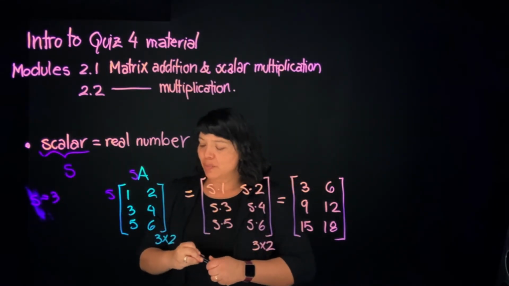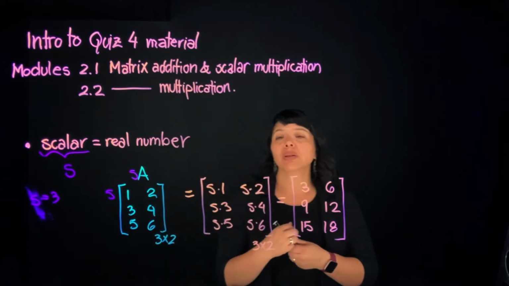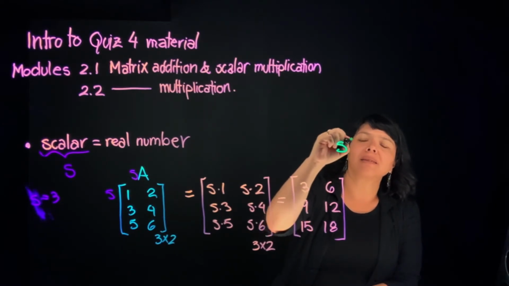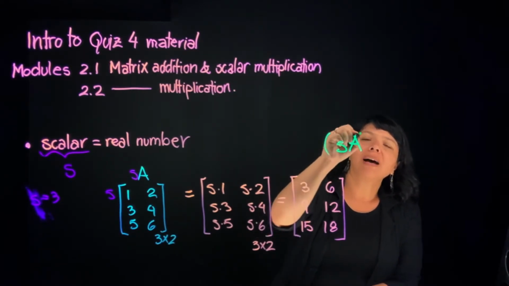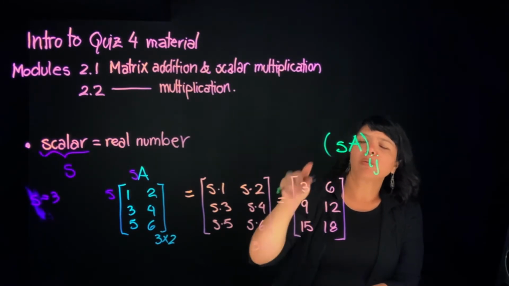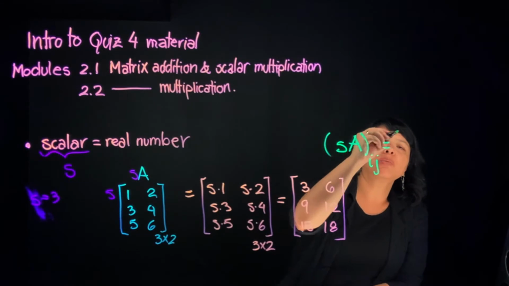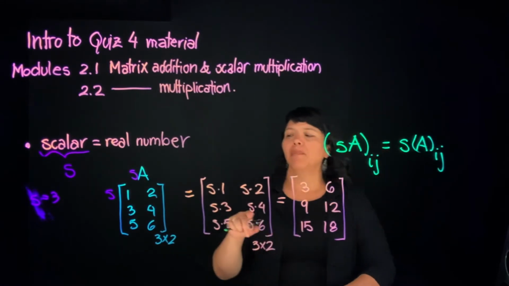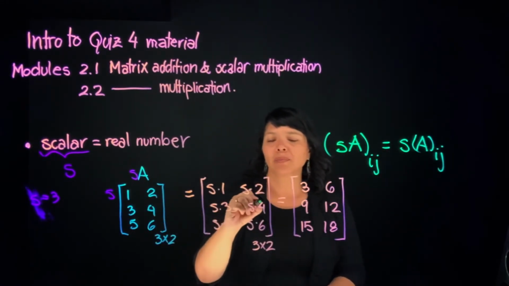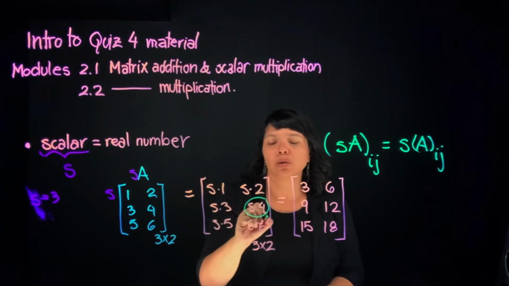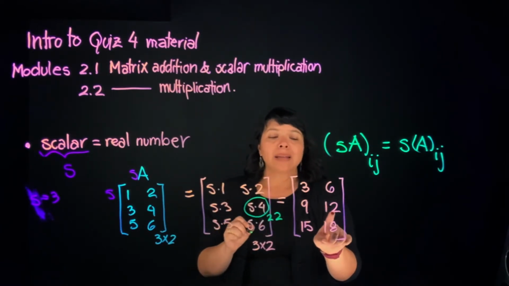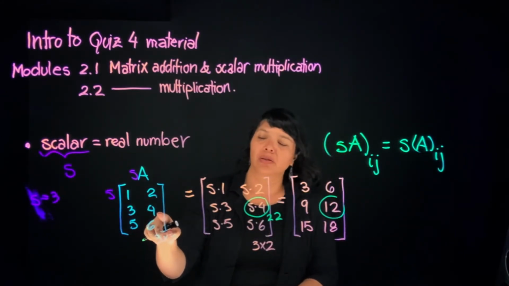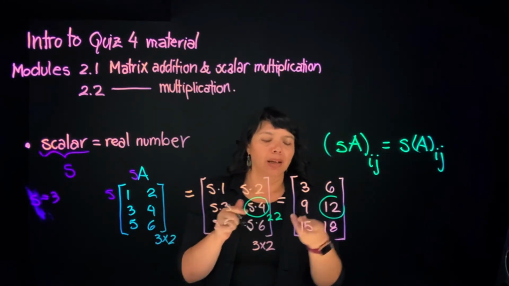The way this is represented in your textbook, just for you to get used to the notation, is that if I do the multiplication of S times the matrix A, and I figure out the ij entry, this is just going to be S times the ij entry of your matrix A. So for example here, this is the entry 2,2, and I got this 12 by just multiplying S times the entry 2,2. So that's the meaning of this kind of notation.